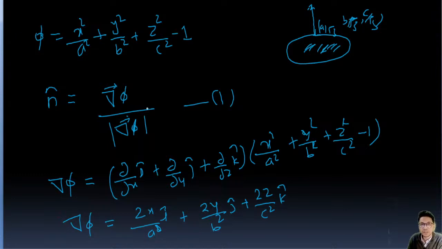Now we'll find the gradient of phi at the given point, that is a by root 3, b by root 3 and c by root 3.